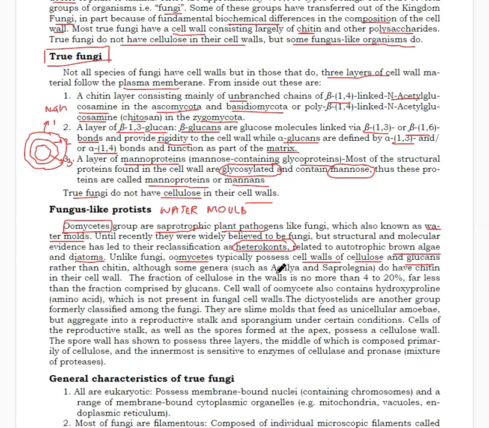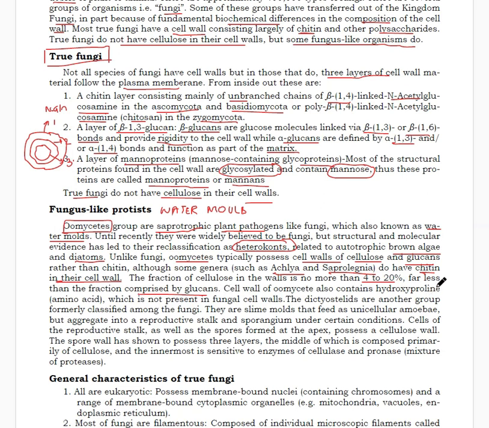Some genera like Achlya and Saprolegnia do have chitin in their cell wall instead of cellulose, but they belong to oomycetes. The fraction of cellulose in their walls is 4 to 20%, which is far less than that comprised by glucan. So glucan is present in a greater amount than cellulose.